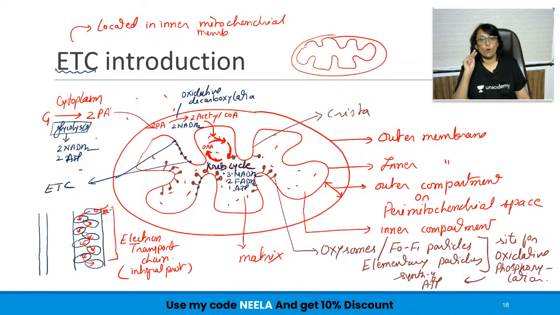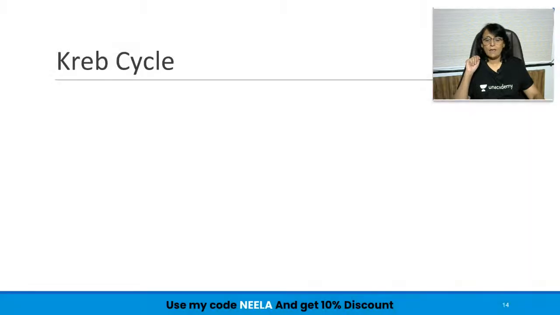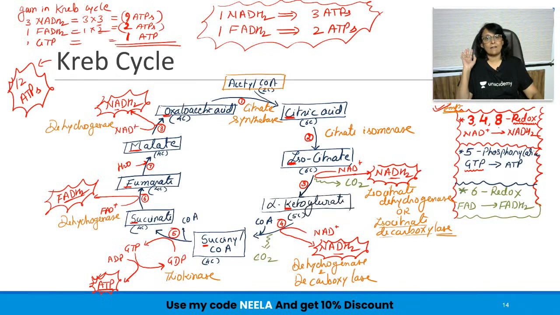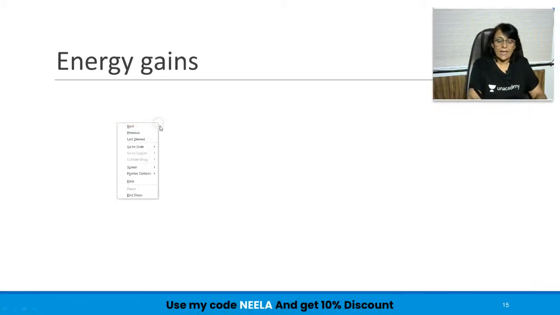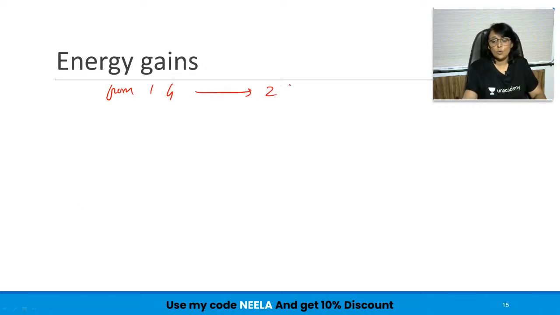Rather, I have given you 2 homeworks. One is practicing the Krebs cycle. You will draw that Krebs cycle complete, exactly the way we have done, exactly the same. And second is to read that text which is about ETC. And in energy gain, what you have to remember is, from 1 glucose we will get 2 Krebs cycles.